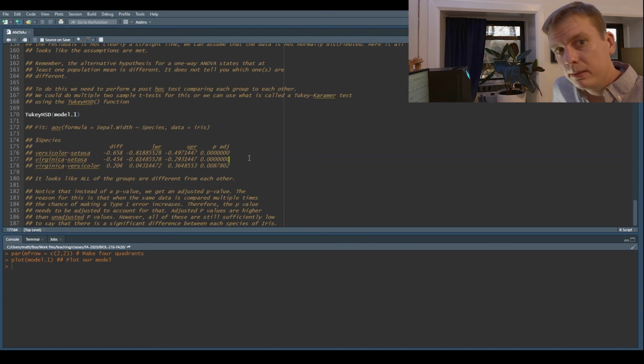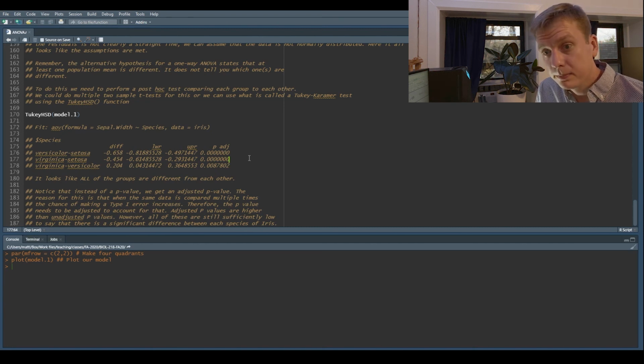You might be curious what an adjusted p-value is. Well, when you test a set of data more than once, you lose degrees of freedom. And your chance of making a type 1 error goes up. So a p-value from a post hoc test needs to be adjusted to take into account the multiple testing that you've done.